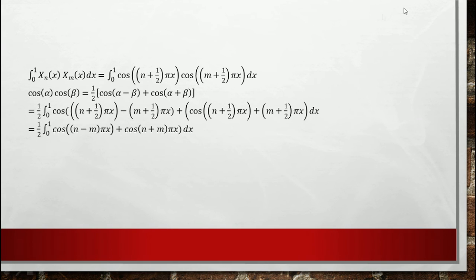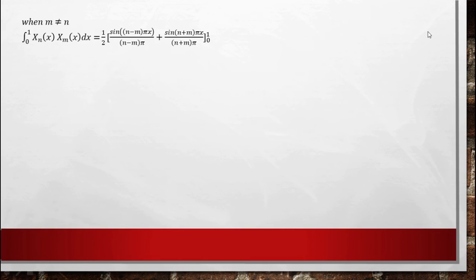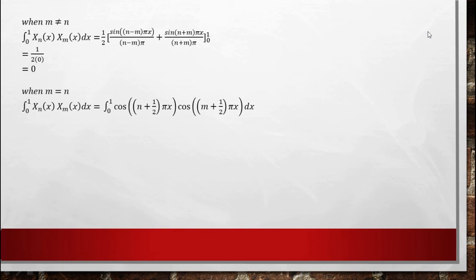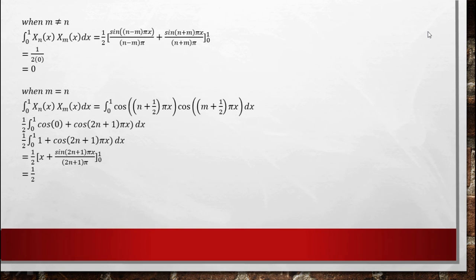When simplified, we will get 1/2 times the integral from 0 to 1 of cos((n - m)πx) + cos((n + m + 1)πx) dx. When m is not equal to n, the integration will form 0, and when m is equal to n, the integration will form 1/2.